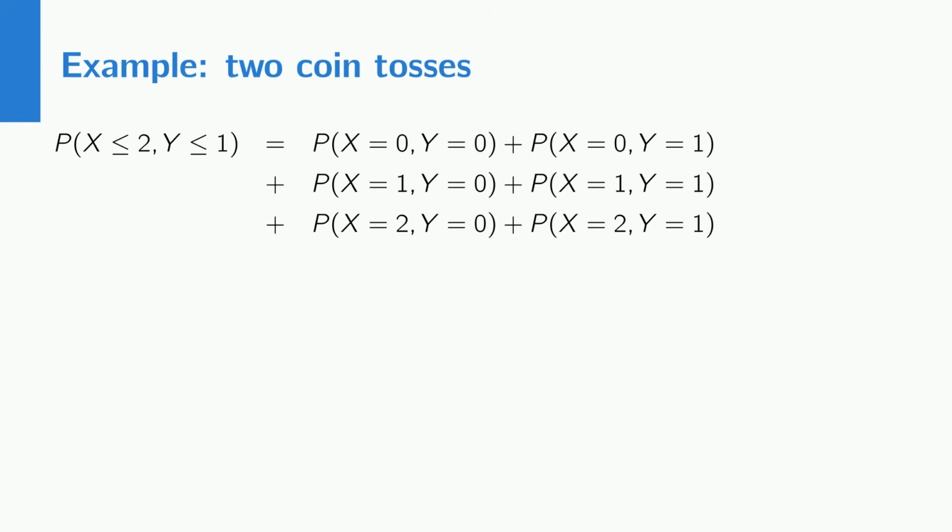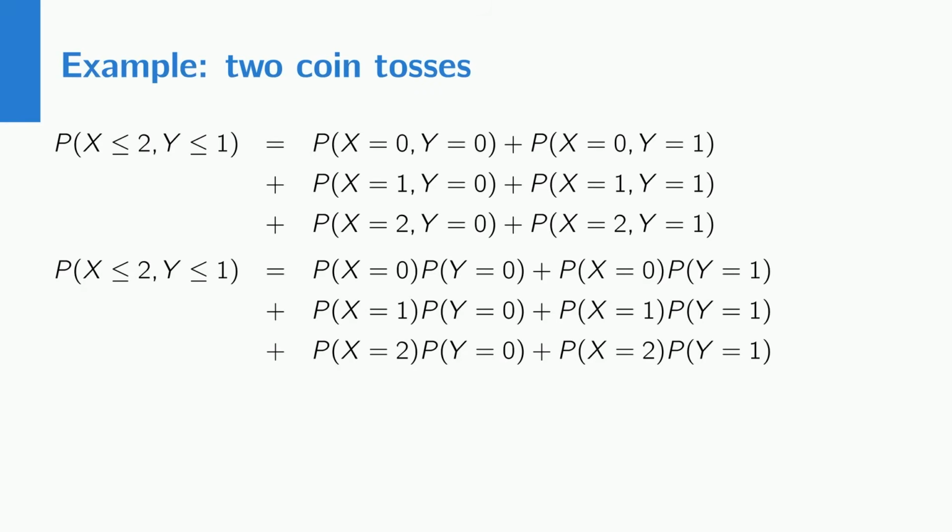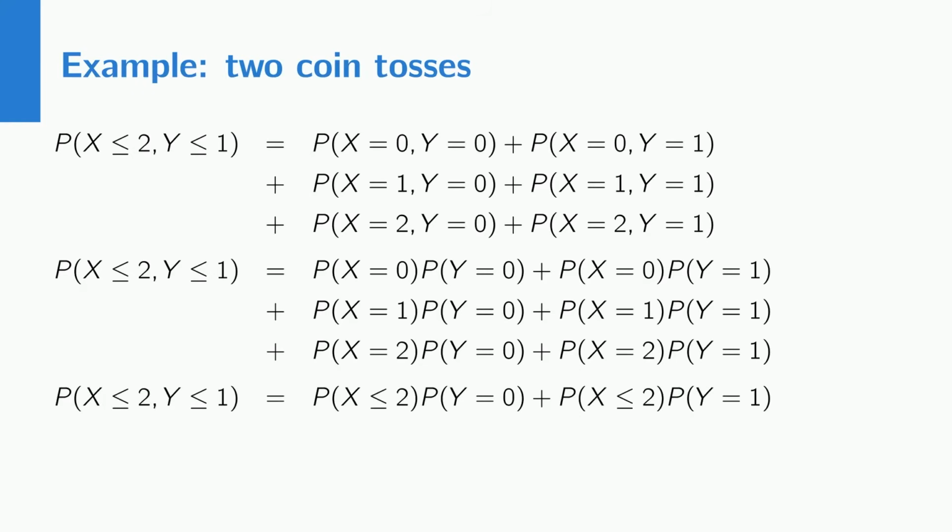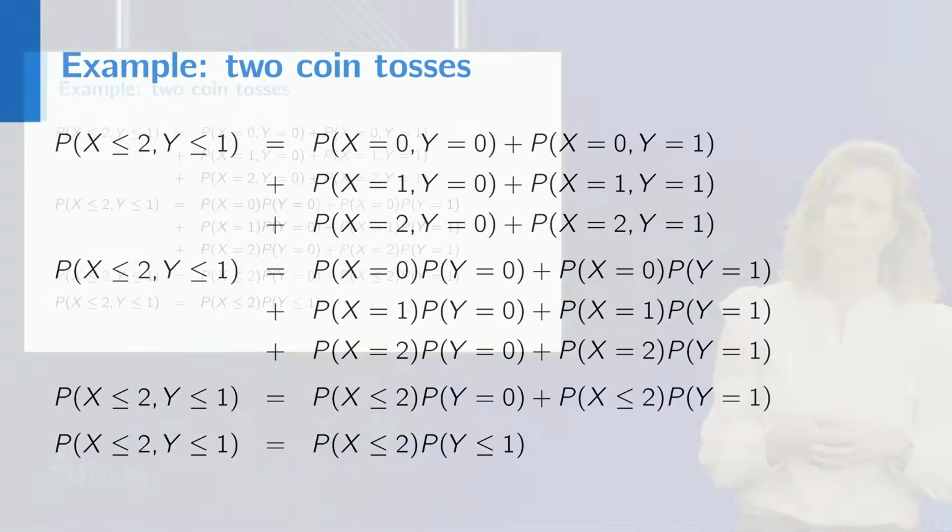However, by the independence we already established, we can factor all these probabilities. Rearranging we get that indeed this probability is equal to the probability that X is less than or equal to 2 times the probability that Y is less than or equal to 1. This was of course just an example, but this approach always works.